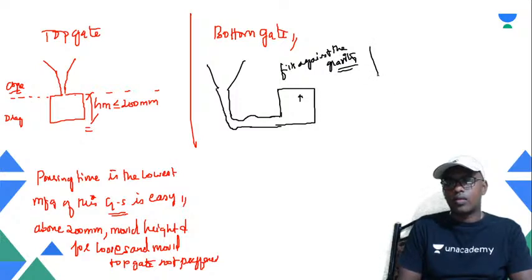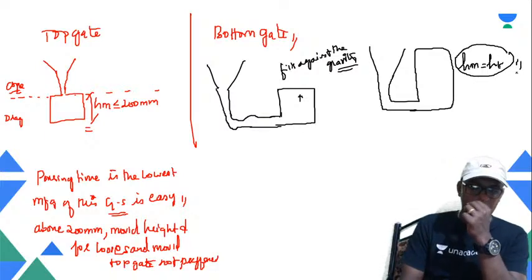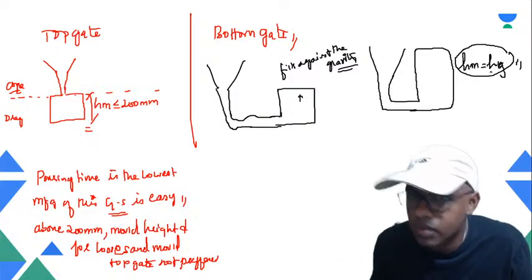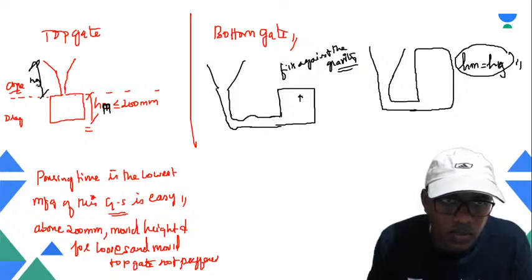Another point is that it takes 2 times the time. Sometimes the height of the mold and the height of the gating system could be the same. So in this case, we can say HM is equal to HG. Okay, HG can also be used here. This could be H of G and H of T.